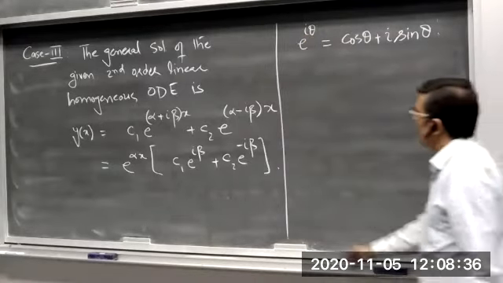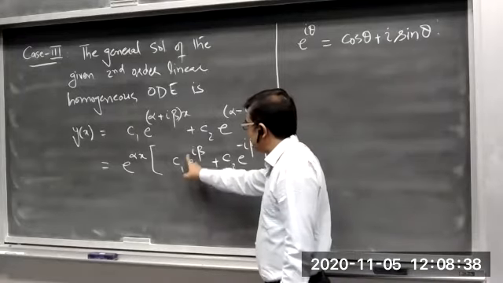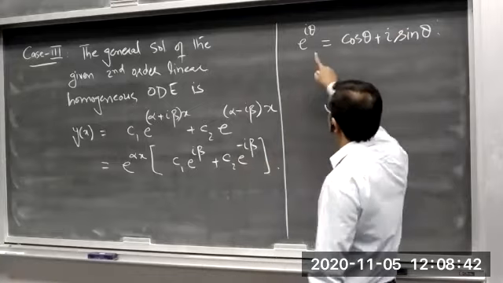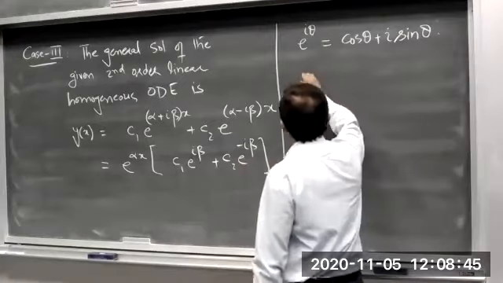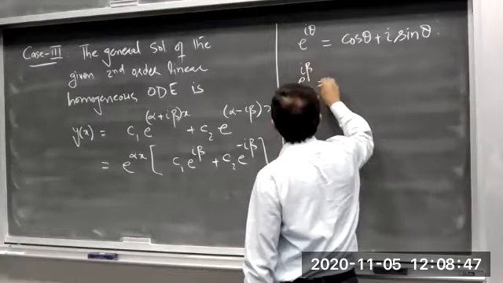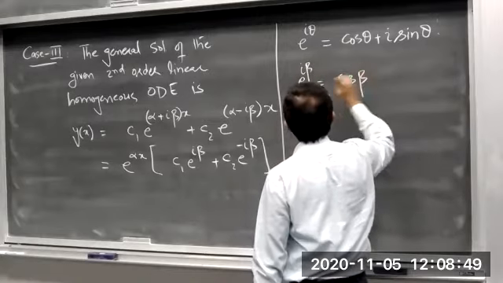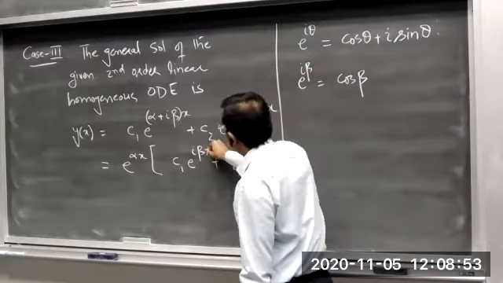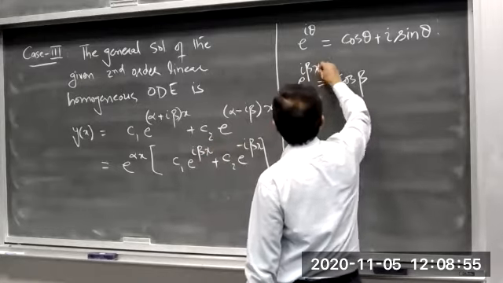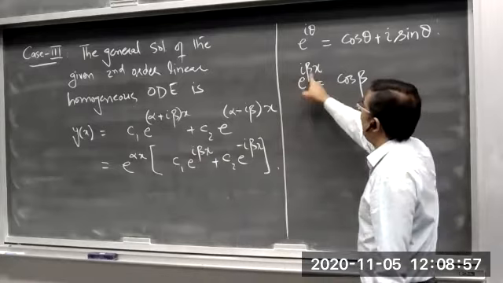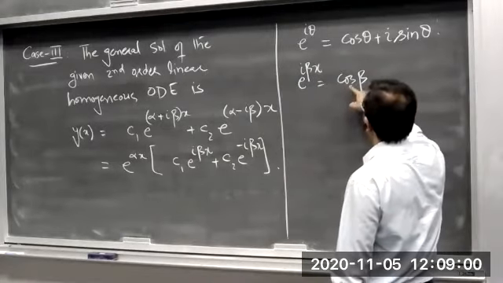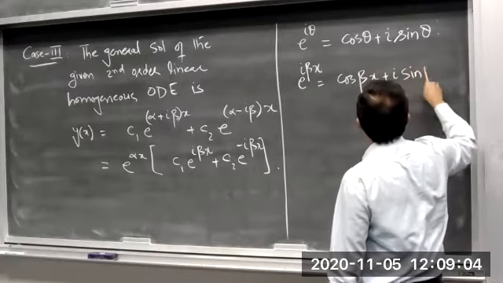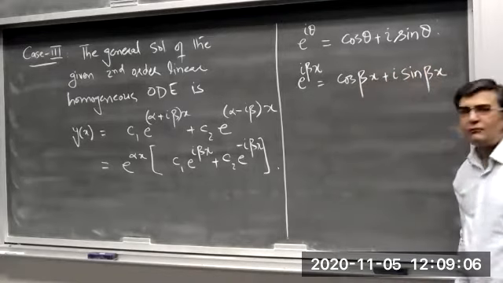Now, if we have here e raised power iota beta x and e raised power minus iota beta x, by using this identity we can write e raised power iota beta x is equal to cosine of beta x plus iota sine of beta x.